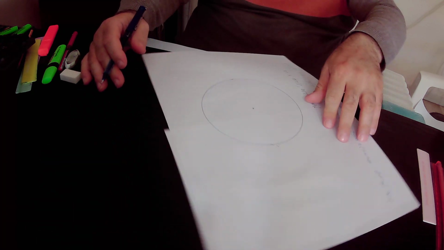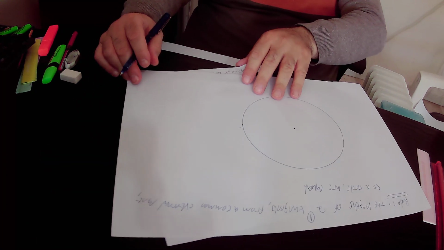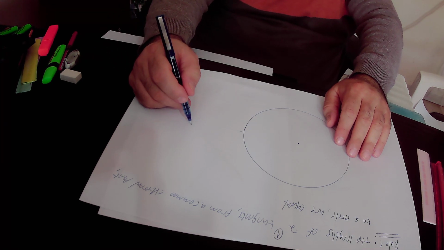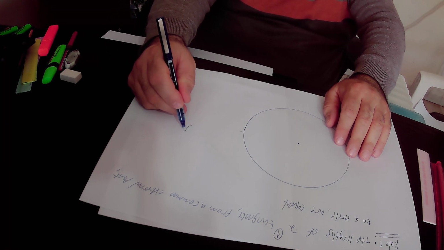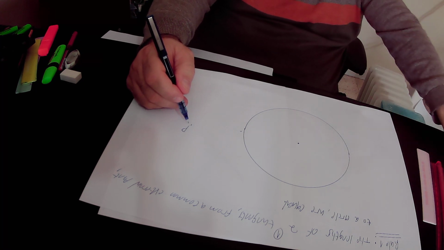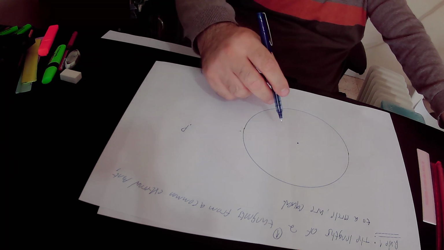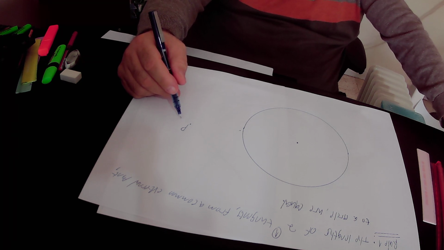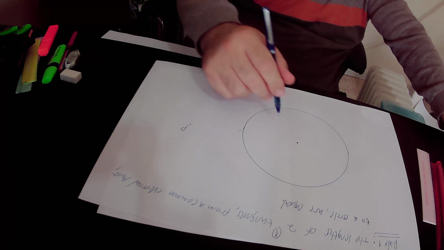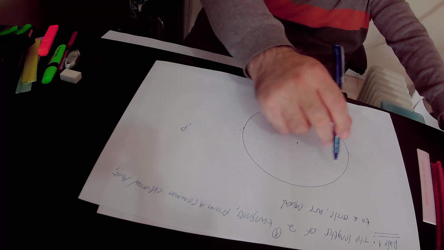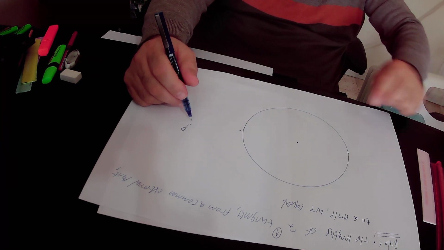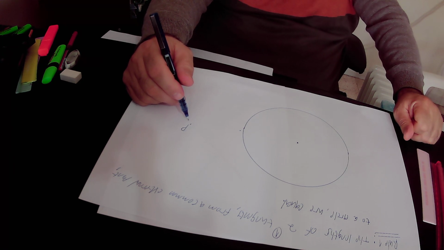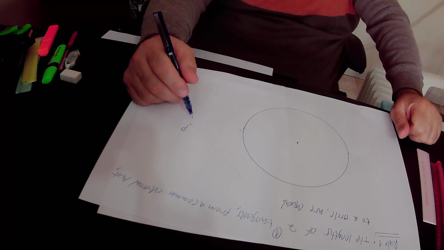So if we have an external point, point P, this point P is defined as an external point in relation to this circle. Why is it an external point? Because point P is not located inside this circle, nor on this circle, but it is located outside of this circle. Therefore, point P is defined as an external point of this circle.